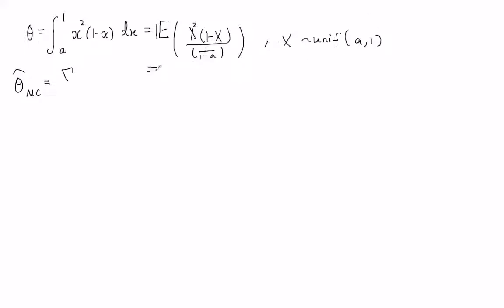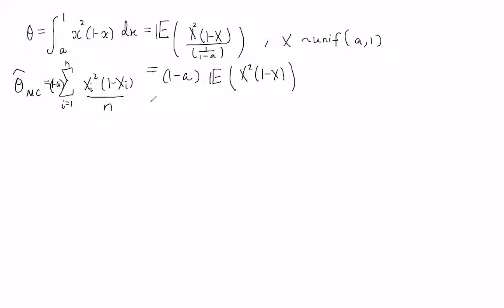This is basically just 1 minus a times the expectation of x squared times 1 minus x. And then your Monte Carlo estimator will be, you can take out 1 minus a, it's a constant, the sum of xi squared times 1 minus xi over n, where your x1 until xn are IID uniform random variables drawn from a to 1.